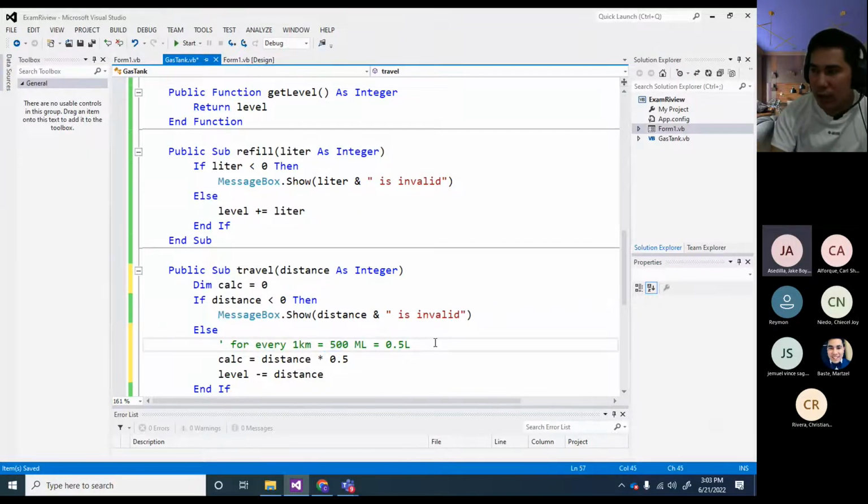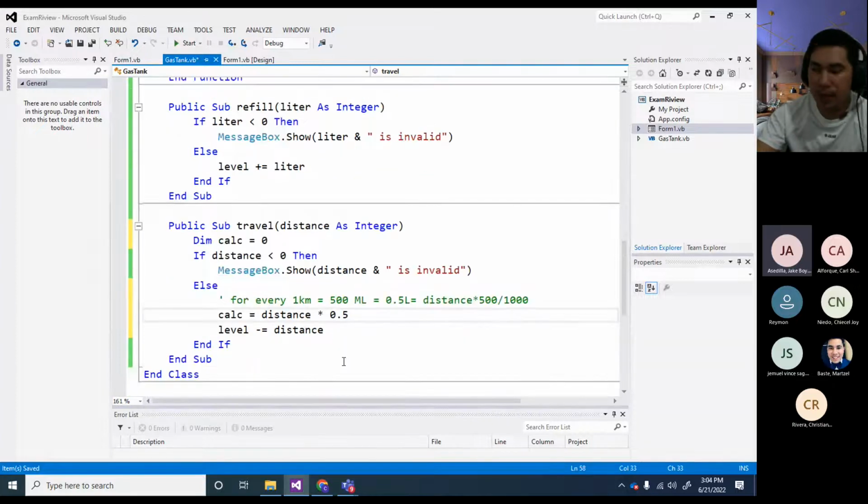So this is distance times 500 ml divided by 1,000, which is actually just 0.5. I just hope you got it.